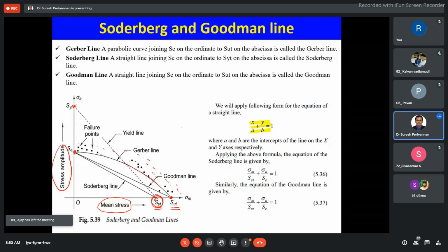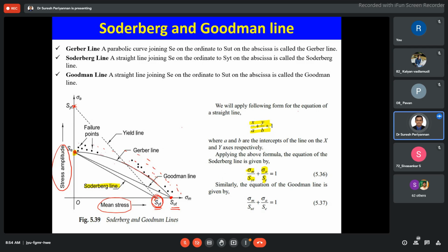First we consider the Soderberg line. Sigma m by SYT: sigma m should be less than the yield strength. On the y-axis is sigma a, our stress amplitude. Sigma m, the mean stress, is on the x-axis. The maximum should be SE; we can't go beyond SE, it should be less than SE.